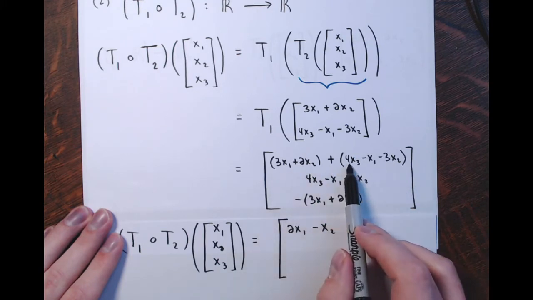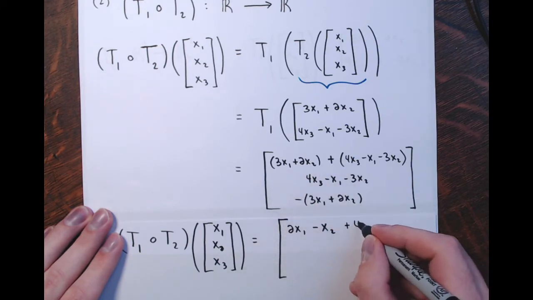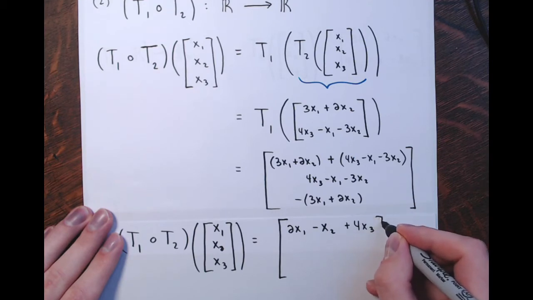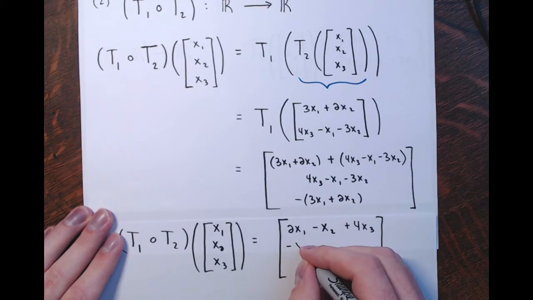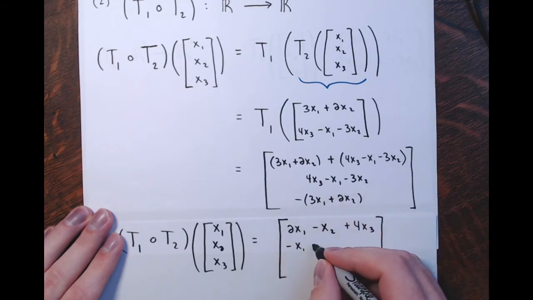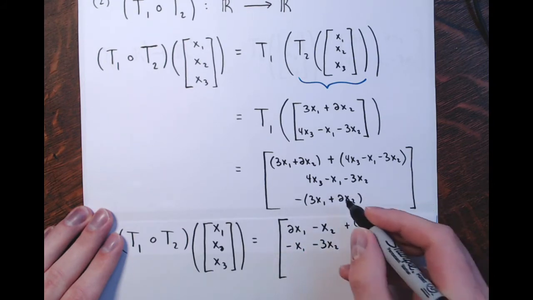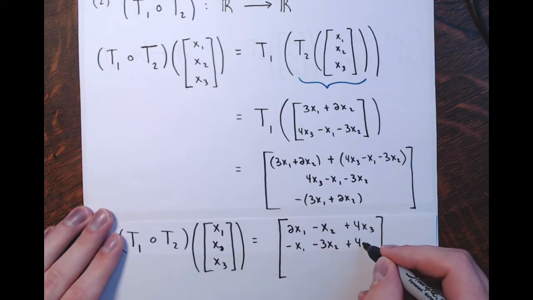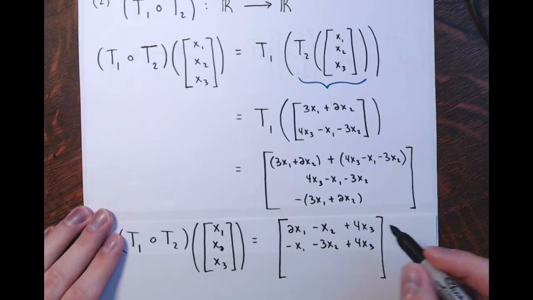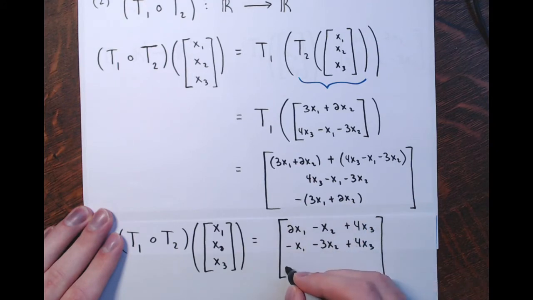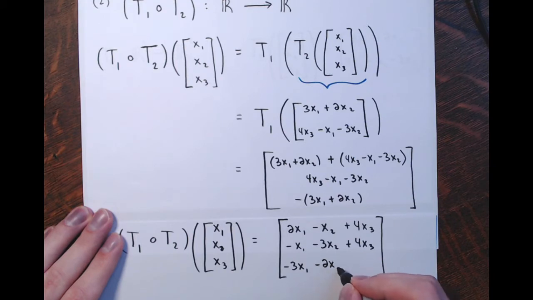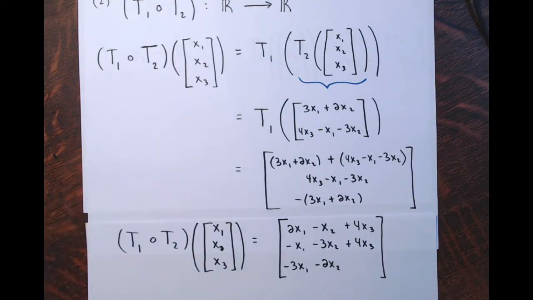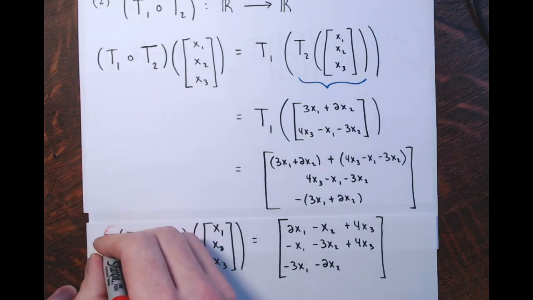And then 4x3 plus 4x3. Second component is this. I'm going to put them in order though, so negative x1 minus 3x2, and then plus 4x3. And then finally, distributing the negative down here, we'd have minus 3x1 minus 2x2, and then no x3. And there we go. All right, here's what they wanted for the second part of that example.